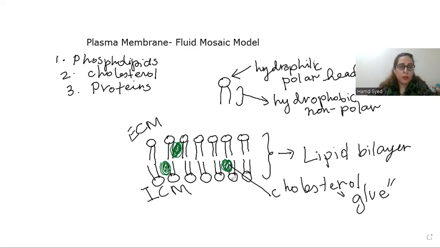Then let's come to the third component of this plasma membrane. The third component are the proteins. Proteins are present in large quantities within the plasma membrane. They may make up approximately 50%, that is half of the mass or weight of the plasma membrane. And they can be categorized depending upon whether or not they are embedded within the plasma membrane or attached to the periphery.